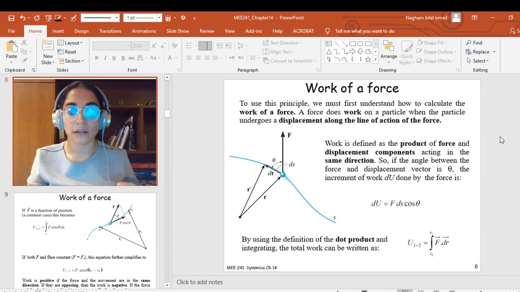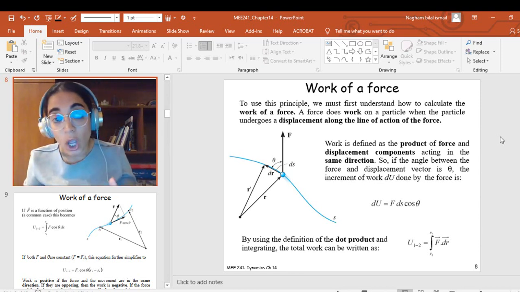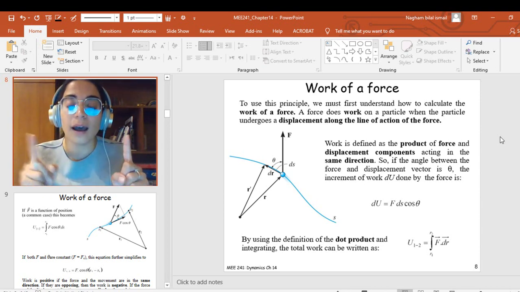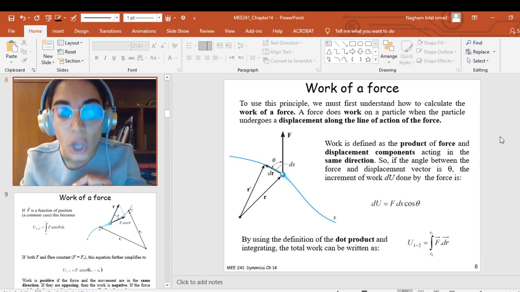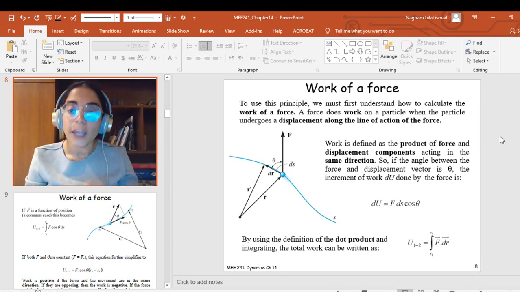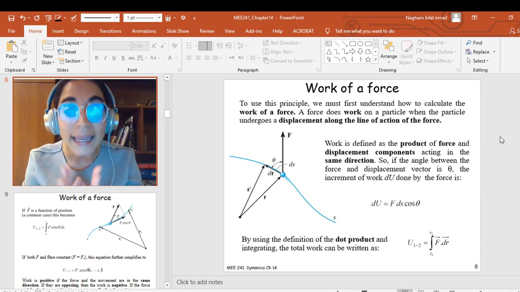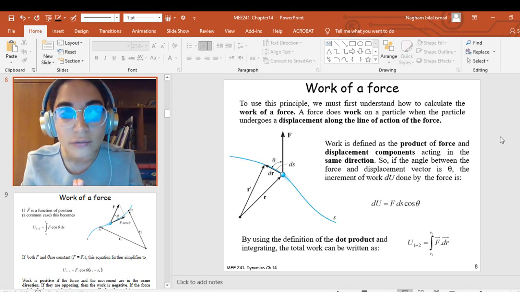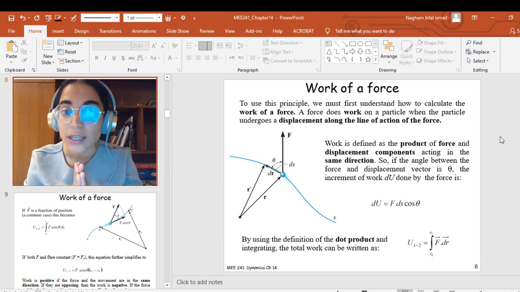Because I know, in fact, that a force does a work on a particle when this particle undergoes a displacement along the line of action of this force. Which means, if this force does not do any displacement on its line of action, then there is no work. This force is not doing any work.